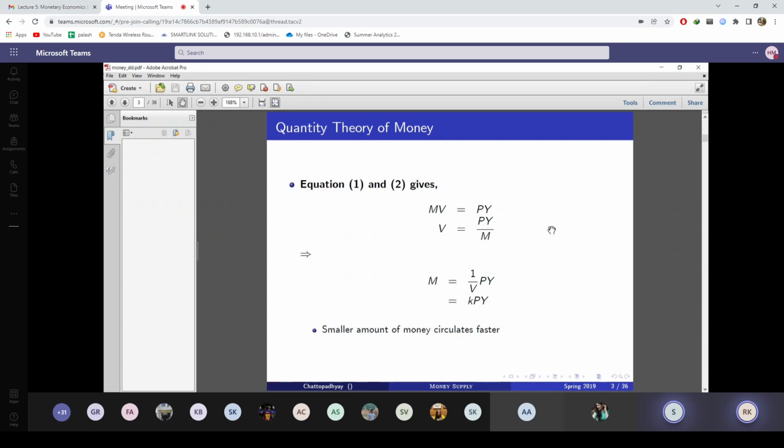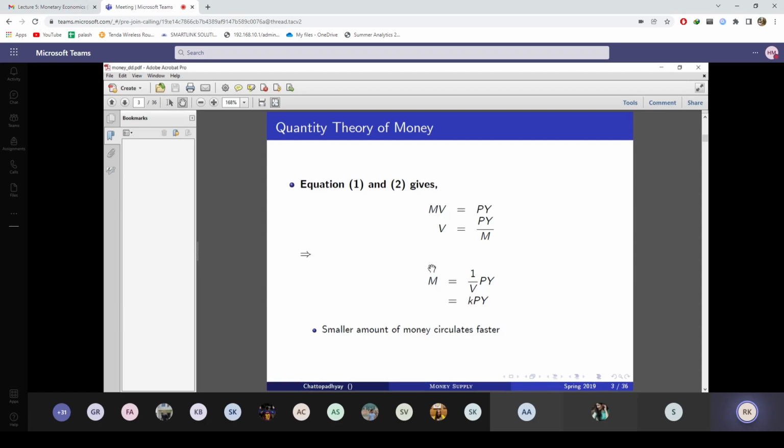But in a big economy, when let's say 1 million rupees is created, spend करने में ज्यादा time लगता है. Hand change करने में ज्यादा time लगता है. So when M rises, velocity falls. That's basically the simple equation.